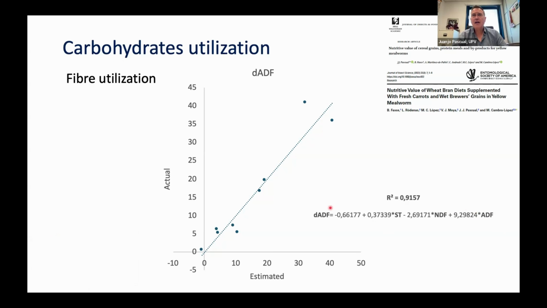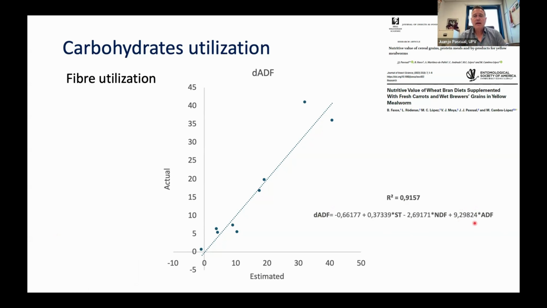The more ADF in the diet, the more digestible it is, since the higher cellulose content likely favors the development of cellulolytic microbiota and therefore facilitates the utilization of this cellulose. All of this without considering the contribution of the fats.